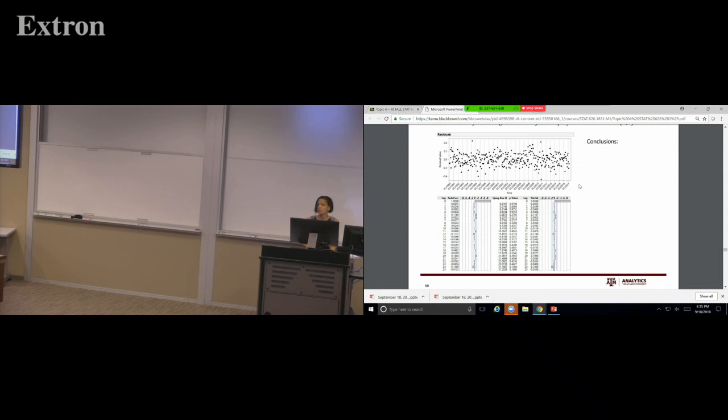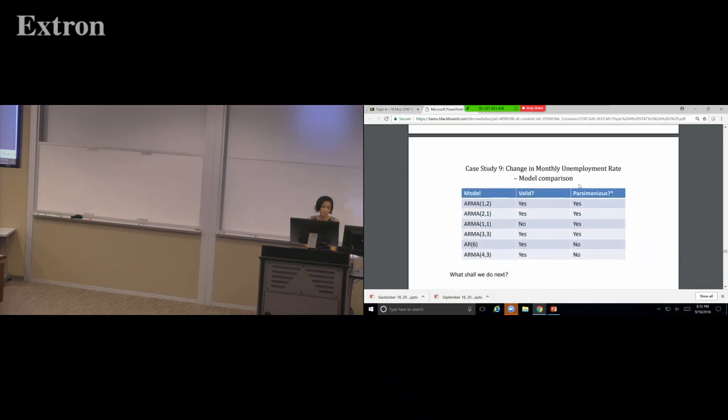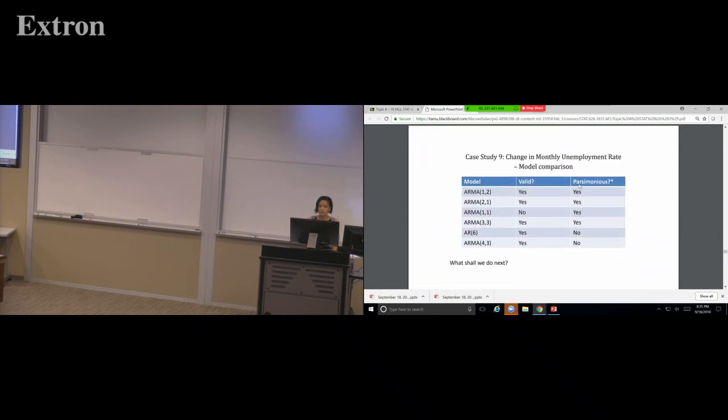All right, so to summarize what we've just done, we investigated 6 models. These 6 models came from different criteria. We looked at the SBC information criteria, what was suggested by SCAN, and what was suggested by extended sample autocorrelation, at least the top 2.